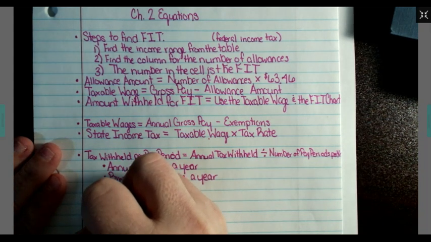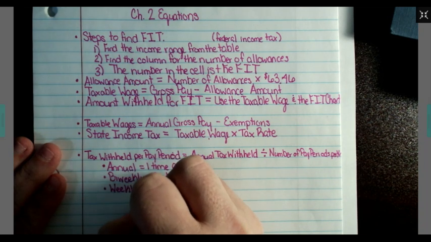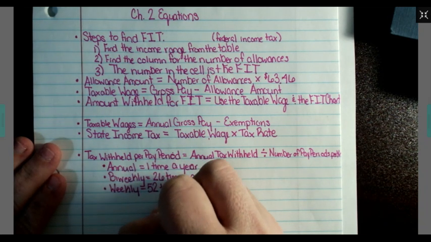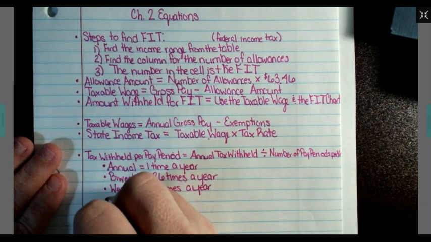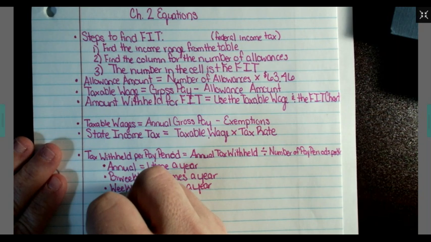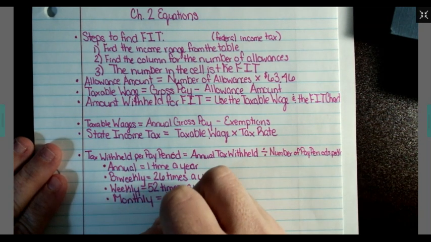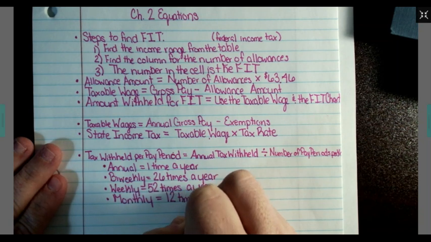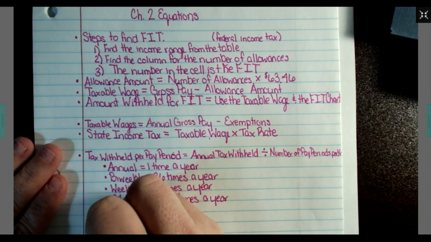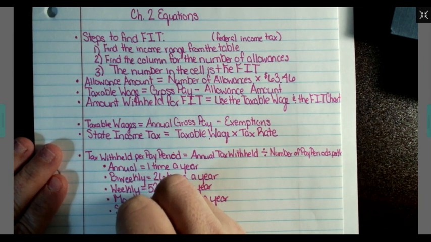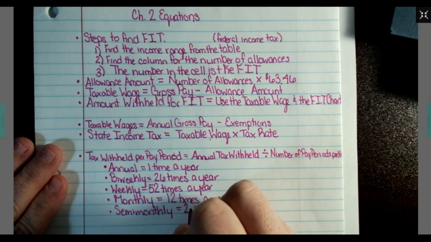Weekly, 52 times a year. Monthly, 12 times a year. Semi-monthly, 24 times a year.